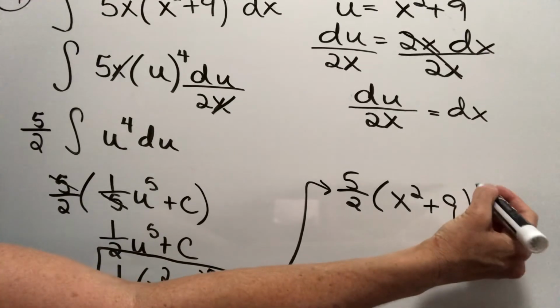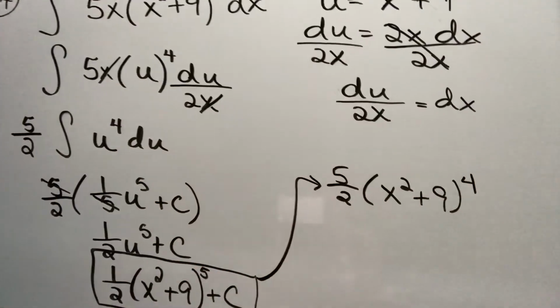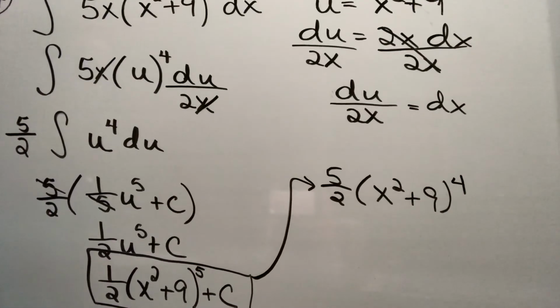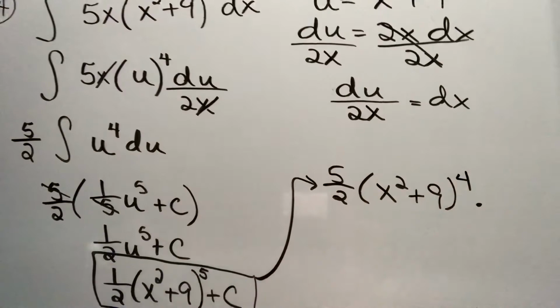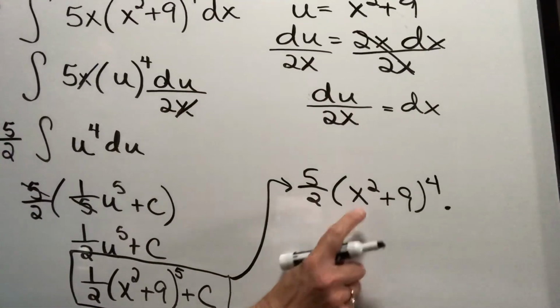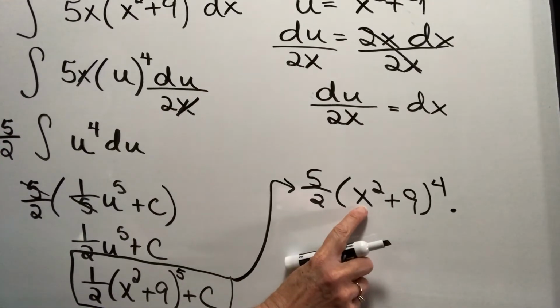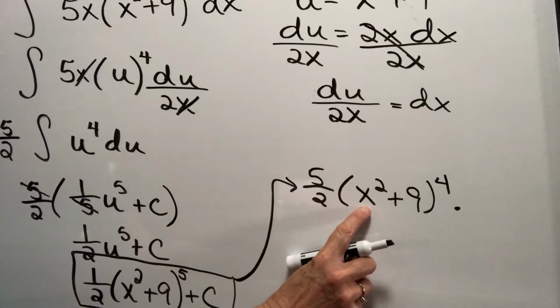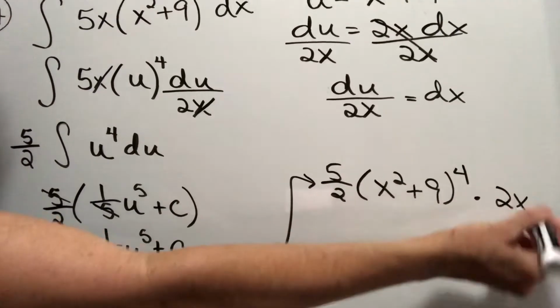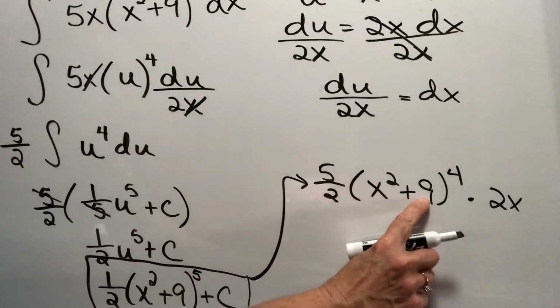The exponent is now subtracted by 1, so that would be 4. And then remember, you also have to multiply by the derivative of the inside. So we talked about this earlier. The derivative of x squared would be 2x, and the derivative of 9 would be 0.